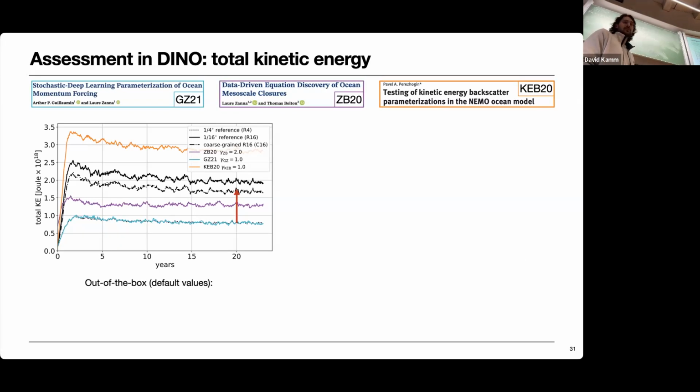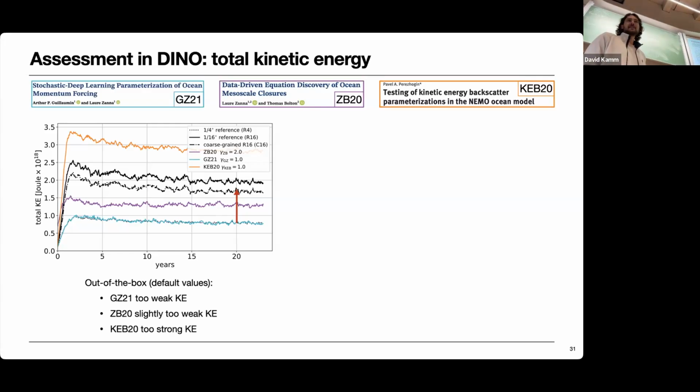Out of the box, with the default values of the parameterizations, we found that the neural network approach was far too weak. It didn't energize the flow enough. The Zanna-Bolton parameterization was slightly too weak, and the backscatter baseline was too strong.